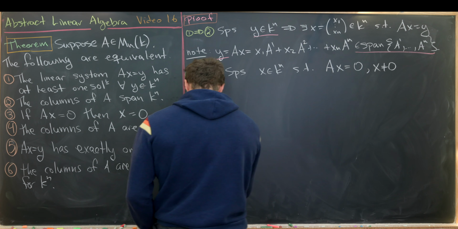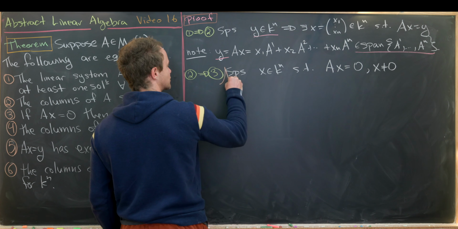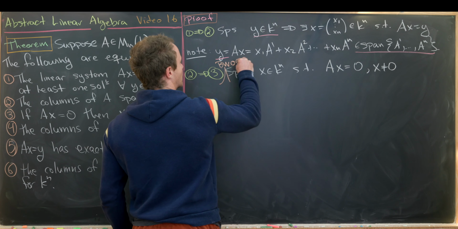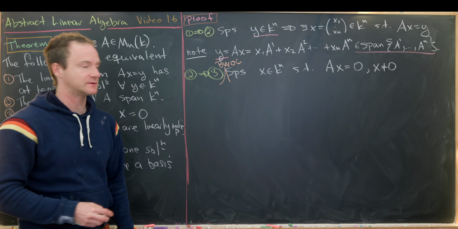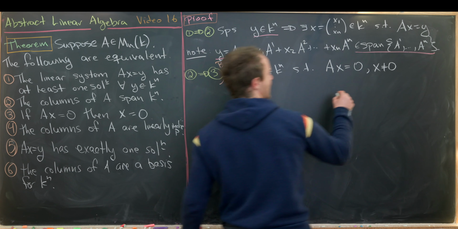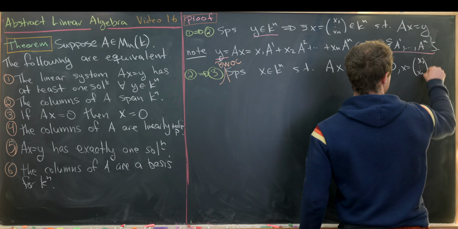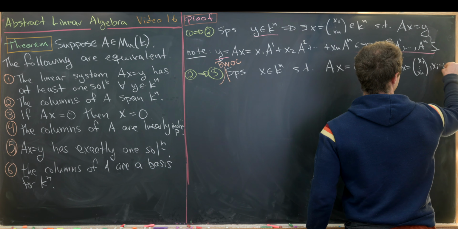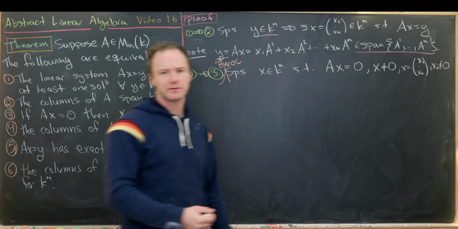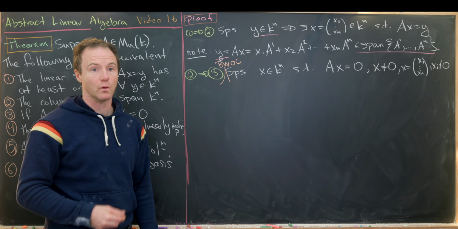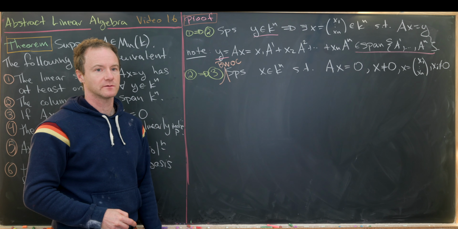Just to be really clear here, we're working towards a contradiction. So let's put that in here. We're working by way of contradiction. So that means we can write x expanded out as x1 down to xn, where xi, for instance, is non-zero. That's what it means to have a non-zero vector: at least one of the entries is non-zero.